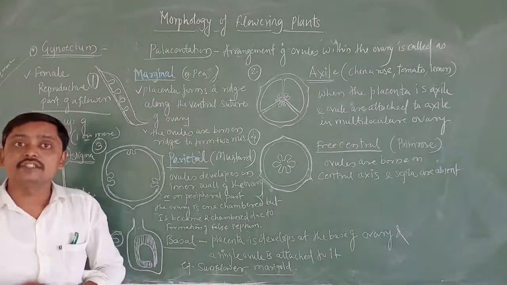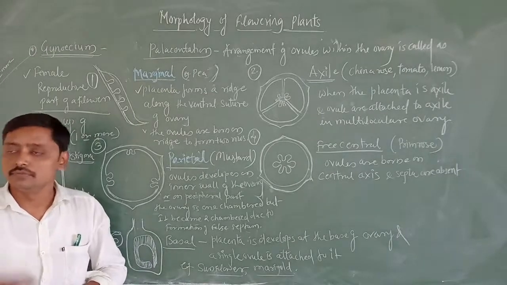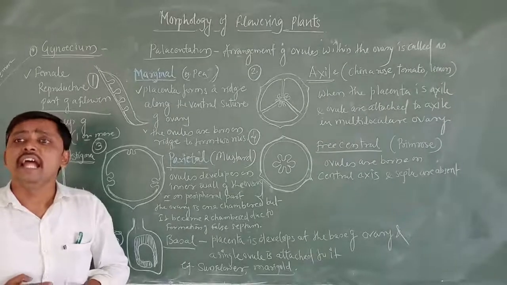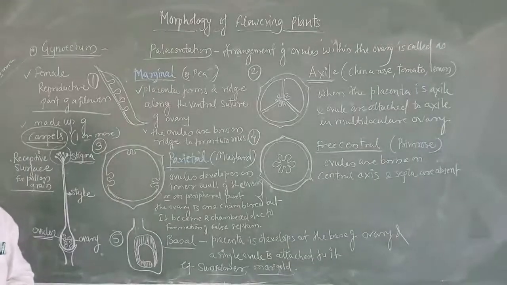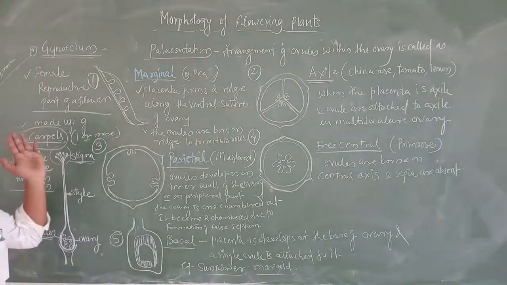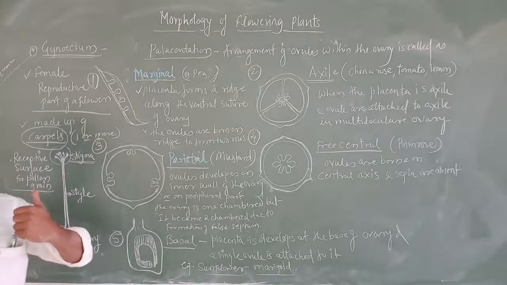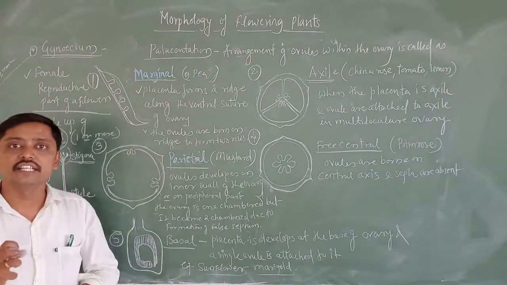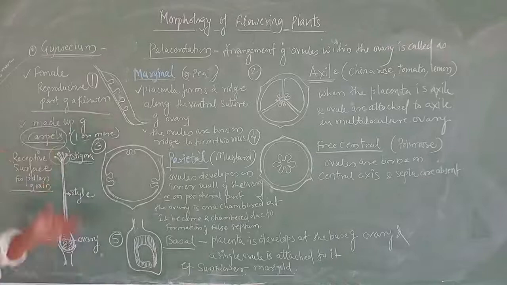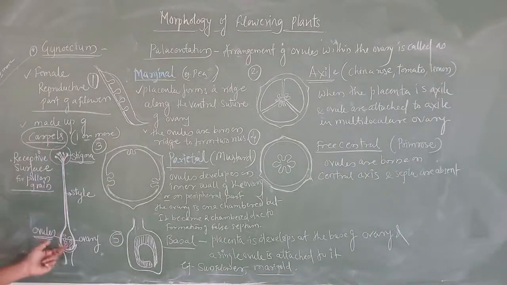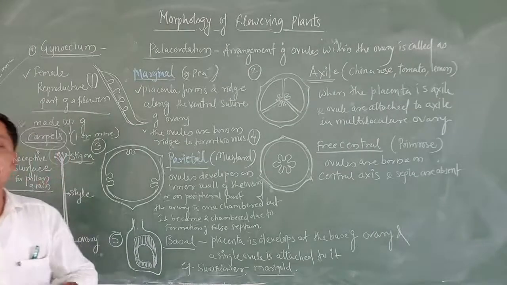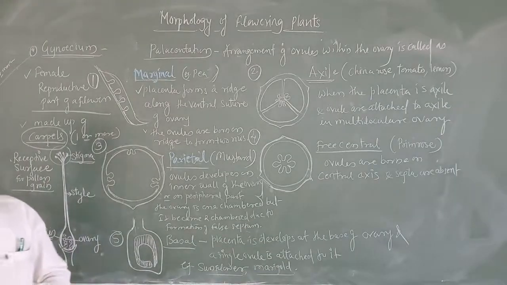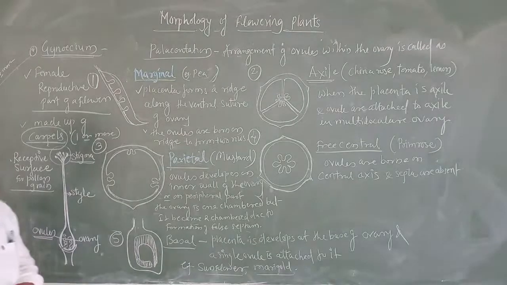And those pollen grains, when they are released from the anther, go for pollination. What is pollination? The pollen grains have to be deposited on the stigma, then they go into the ovary, and there fertilization takes place. All of this will come in the next concept. But here, what is pollination?